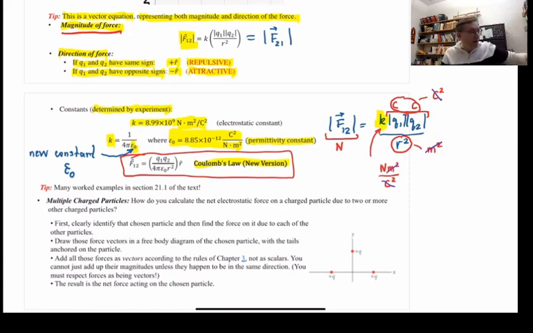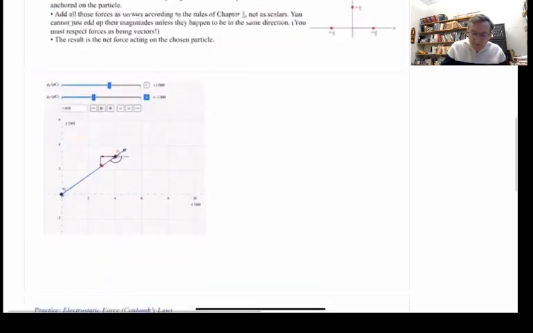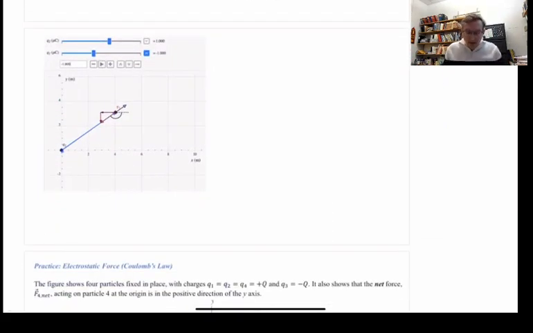Okay? All right, that's what we have to practice with for the rest of this chapter. And in fact, let me do a little bit of practicing with you right now with this static picture from the Wiley Plus animation, with Q1 and Q2. Q2 at the origin, down here.